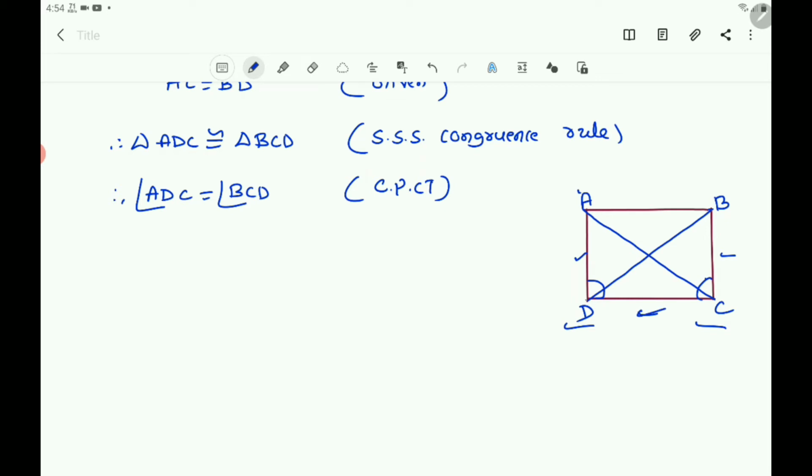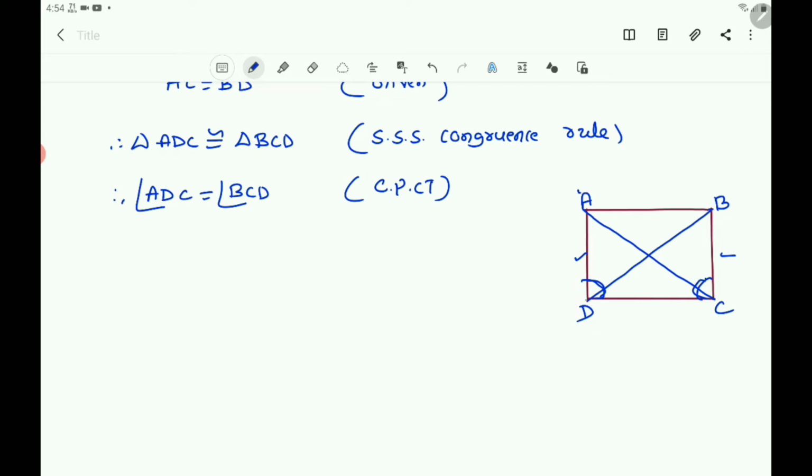That also you can take here. Both are one and the same here.